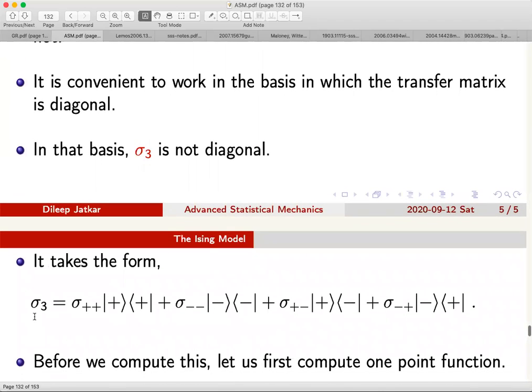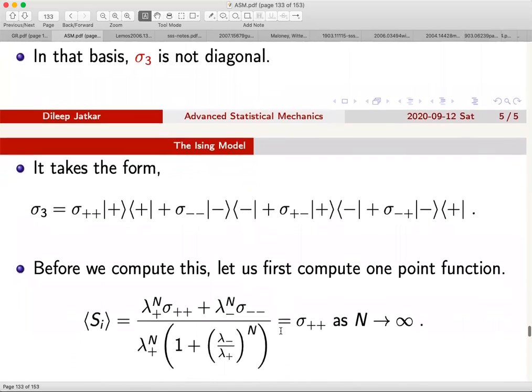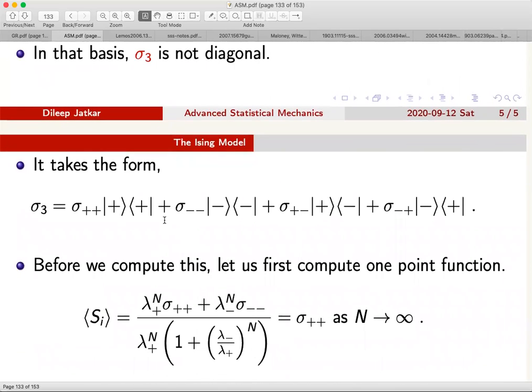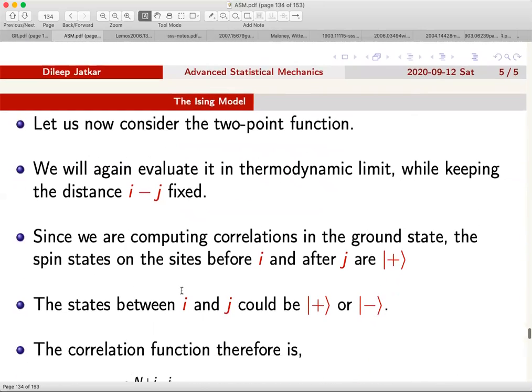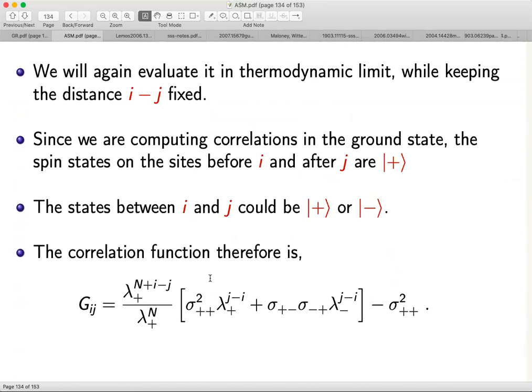You write down the S in terms of sigma 3. Sigma 3 usually is diagonal in the spin basis, but not in the plus minus basis. So you expand it in all possible forms in the plus minus basis, and then study the possible transitions at site I and at site J, and that gives you this expression for the one point function, and a similar kind of analysis would give you this expression for the two point function.